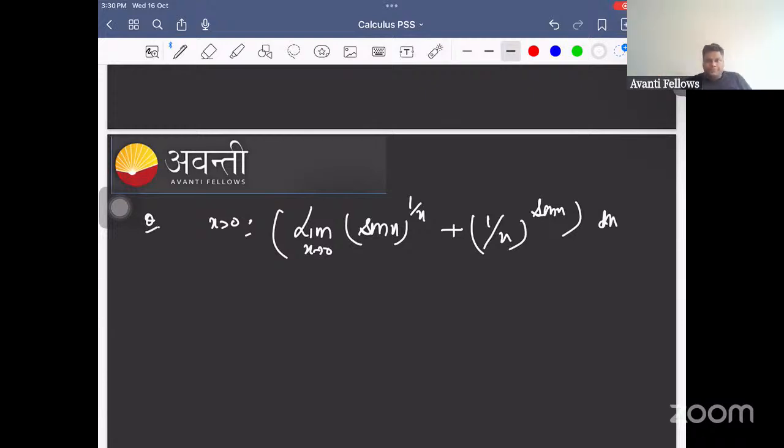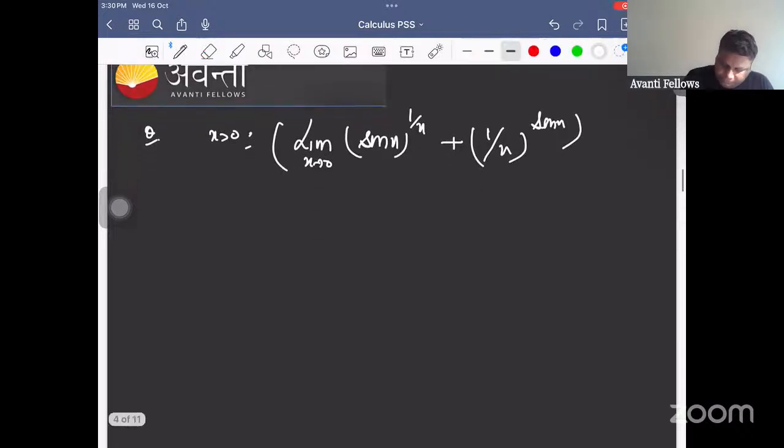Yes, how to do? Anybody? Any answer, any idea? Give me in the chat box. Oh, this dx is not here. Just the limit question it is. Limit x approaches to 0, sin x, see, we look at this question very carefully. And we will solve these two limits separately.